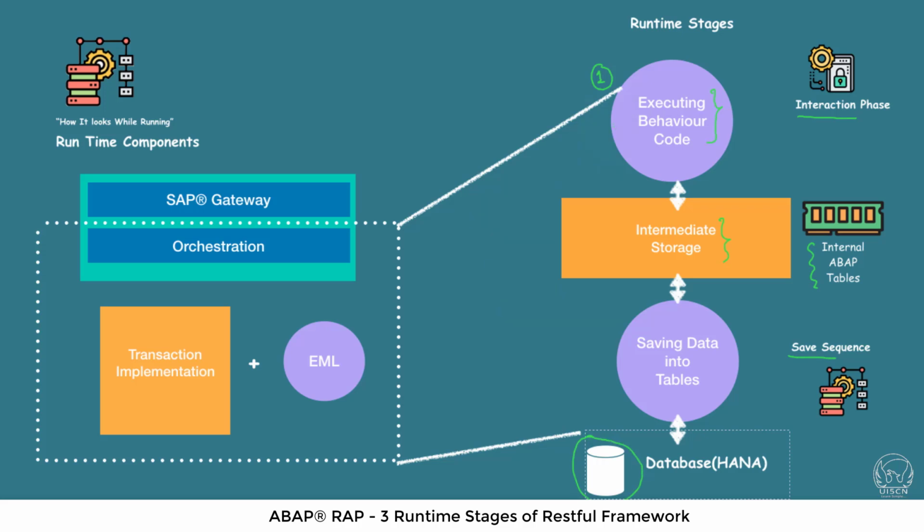First is the execution of our behavior implementation code, or the runtime-generated behavior implementation code. Then the intermediate storage of our data, and finally writing the data which is in the intermediate stage into the database table. These three steps are your runtime stages.